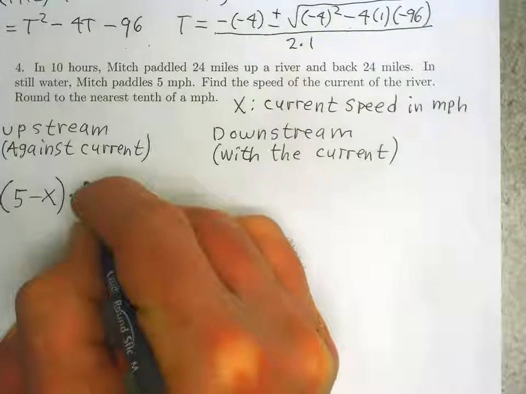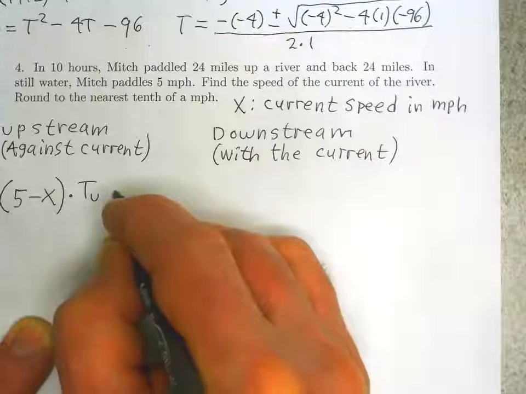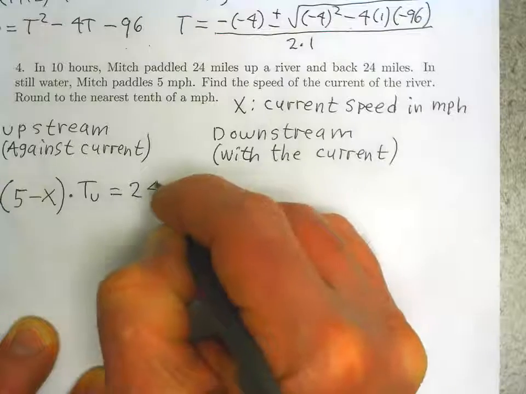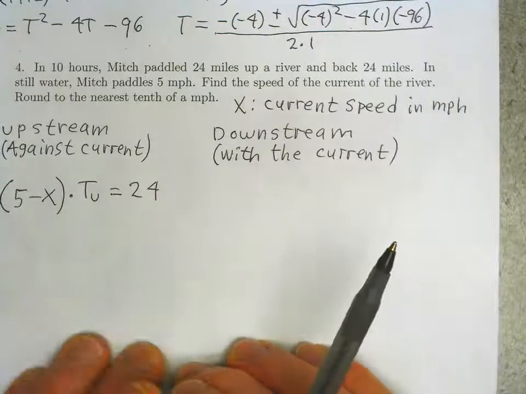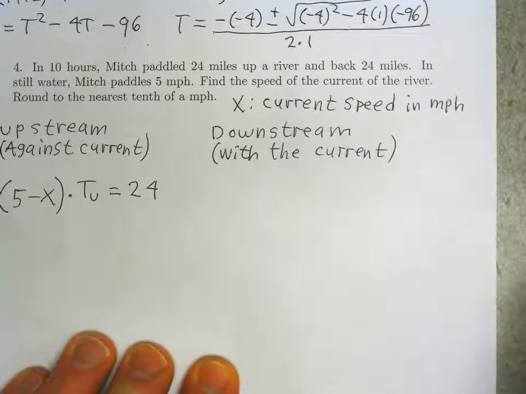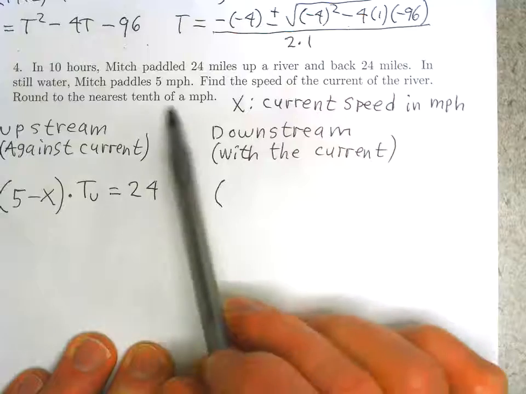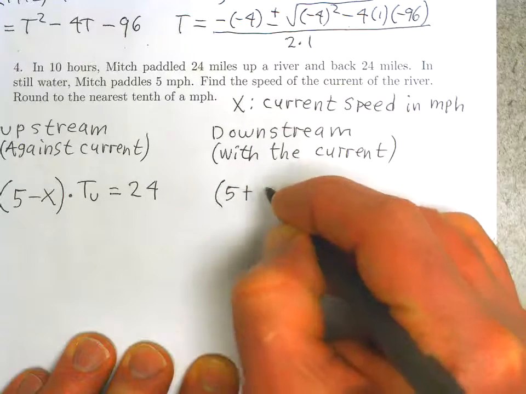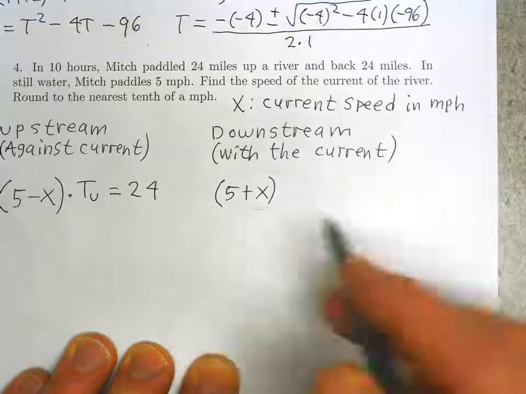It's going slower because it's going against the current. And I'll put t sub u for the amount of time it takes him to travel a distance of 24 miles upstream. And then when he goes downstream, this time the boat will be going faster than 5 miles per hour. It will be going faster by the speed of the current. So the boat will be traveling at 5 plus x miles per hour.